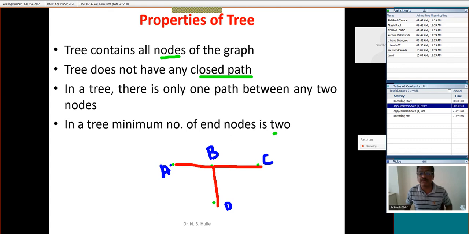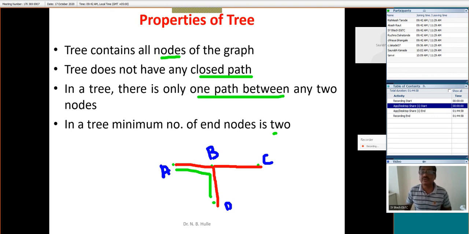We have only one path, which is this. Or if we want to travel from C to D, there is only one path. If we want to travel from A to B, there is only one path.